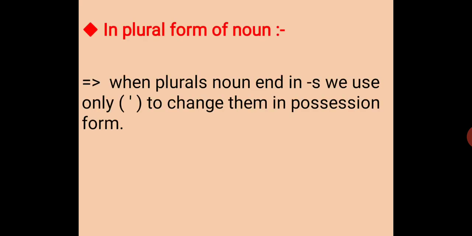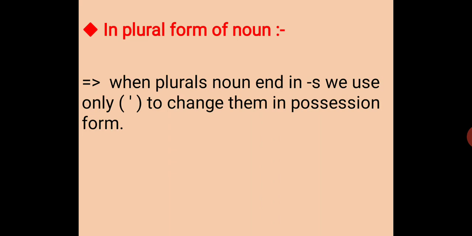Let's move on. In the plural form of nouns, when plural nouns end in s, we use only an apostrophe to change them into possession form. Generally, we use s, es, ies, ves to make them plural, right?